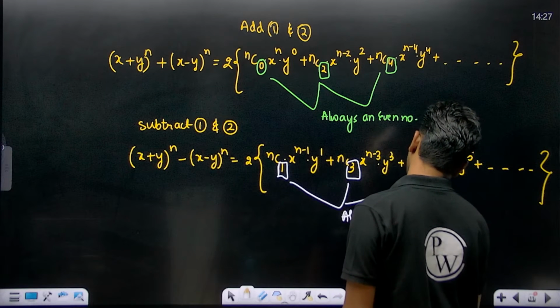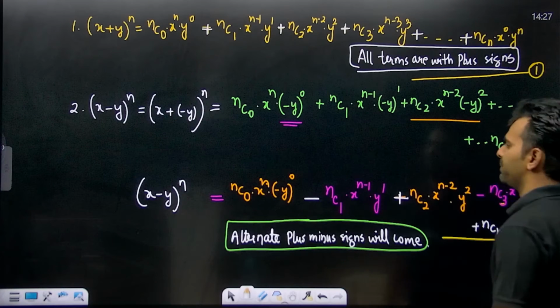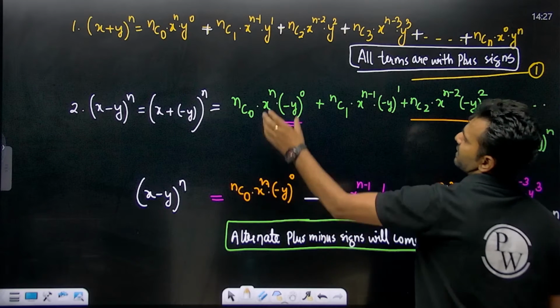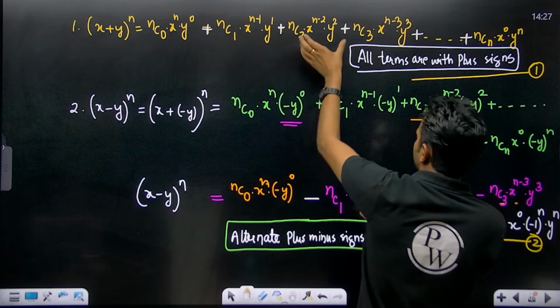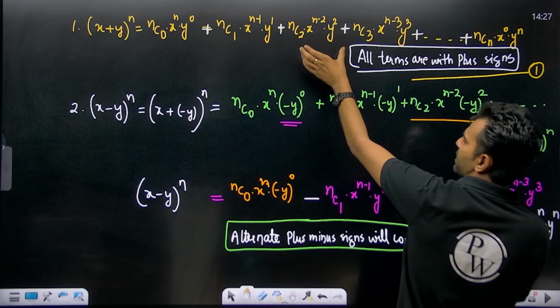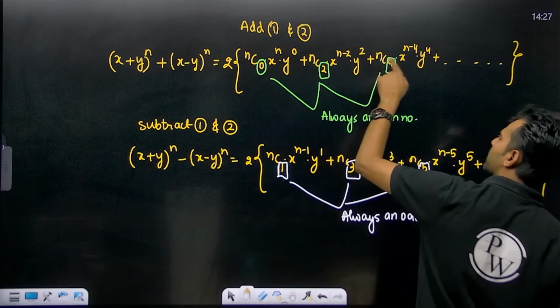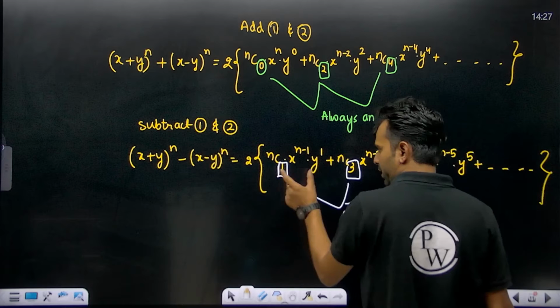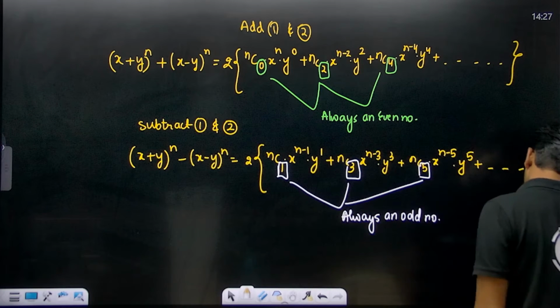This is something very crucial. Understand it from the previous page. Over here, if you add these two terms, don't you think that this term and this term will be added? This and this will be cancelled, yes or no? This and this will be added 2 times. So ultimately, 2 times of all the terms with even subscript will come, and whenever you subtract, 2 times of all the terms with odd subscript will come over here.